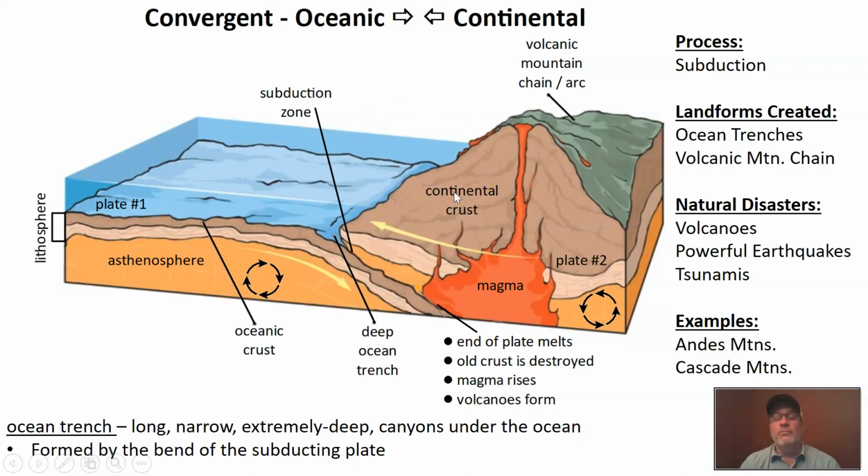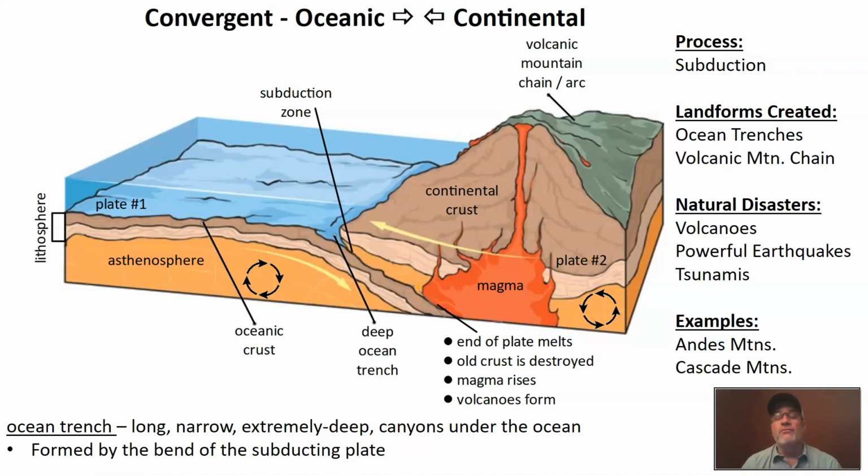Guys, subduction zones are pretty violent places. Some of the biggest natural disasters that we have here on Earth happen at subduction zones. Of course, there are going to be volcanoes that were created by the melting of the end of this diving plate. Sometimes this subducting plate gets hung up, it gets stuck, and pressure can build up for years and years.